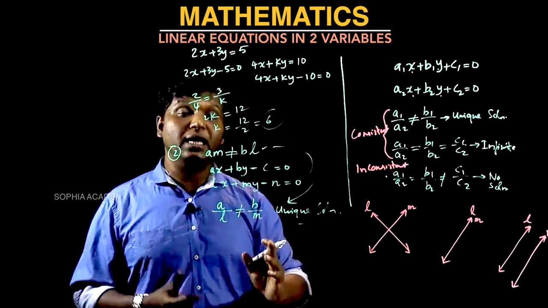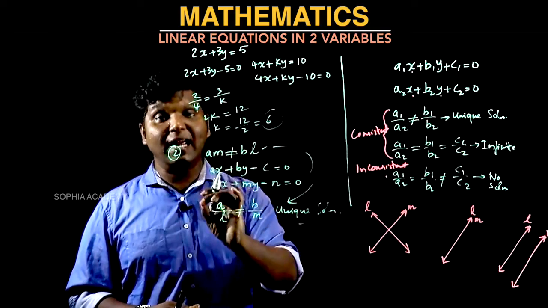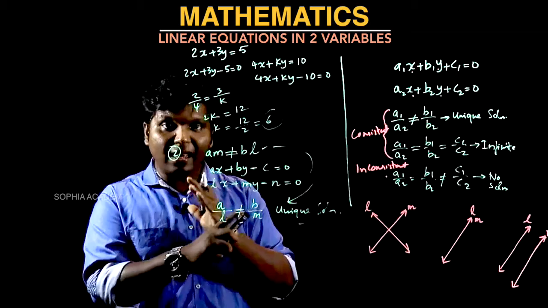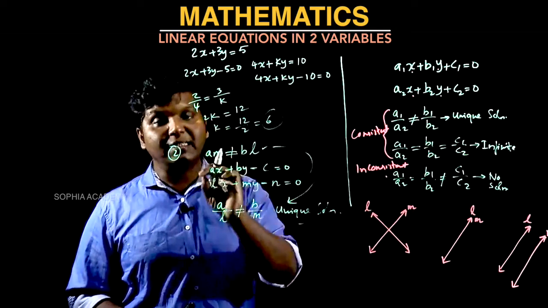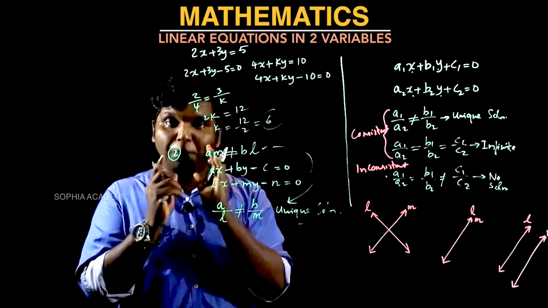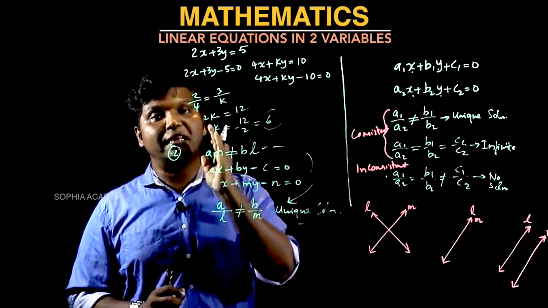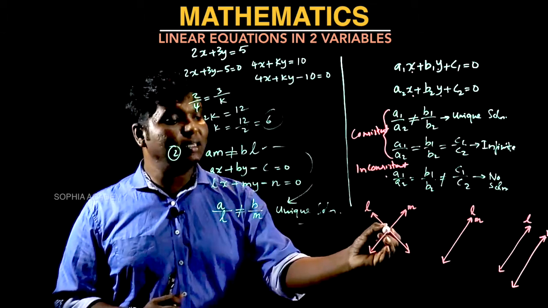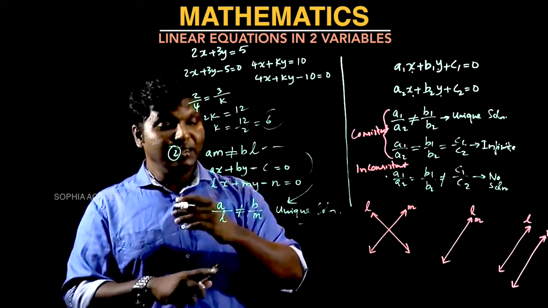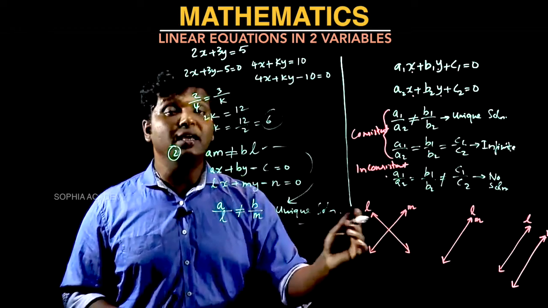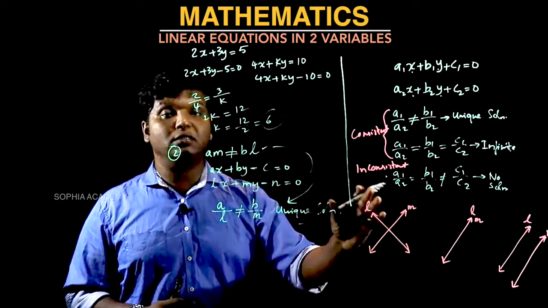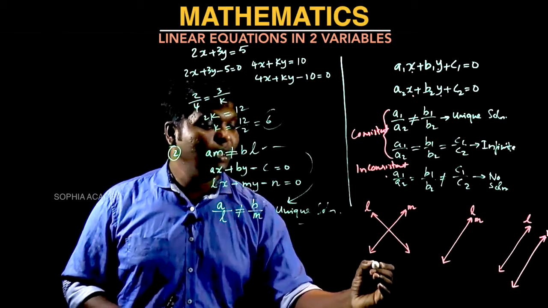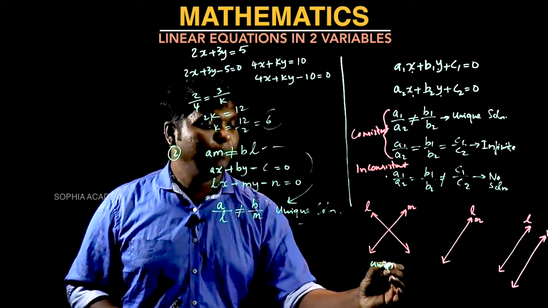Where will the solution be? Exactly at the point of intersection. Where they are intersecting together, exactly that is the point which is referred to as the solution of the equations. They are cutting at a single point, so we will say this pair of equations is going to have only a unique solution.